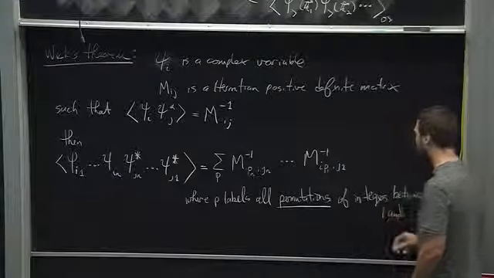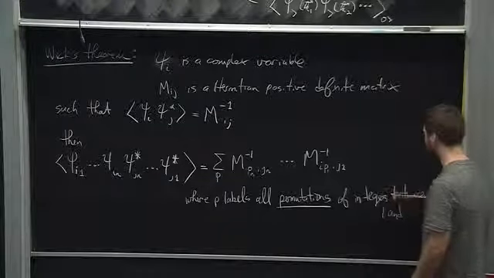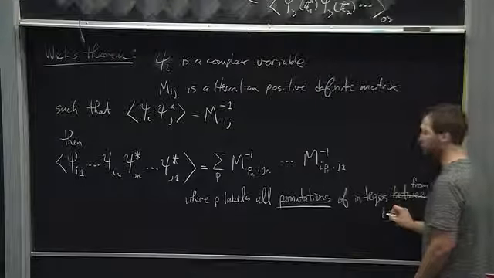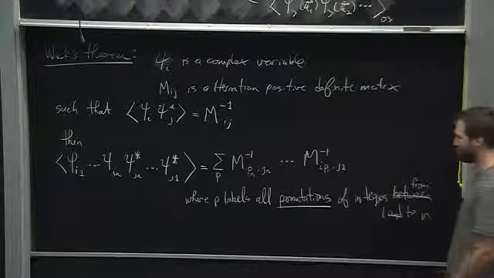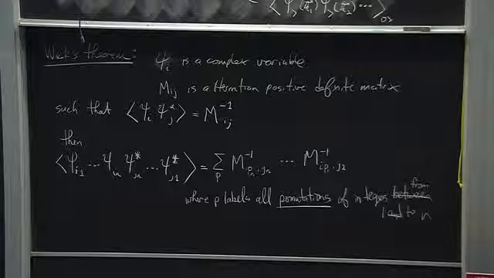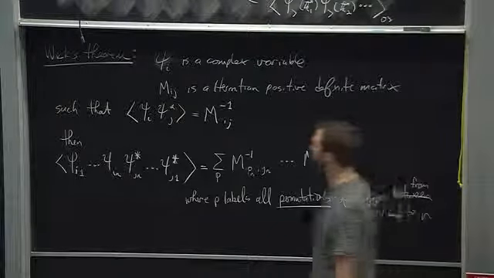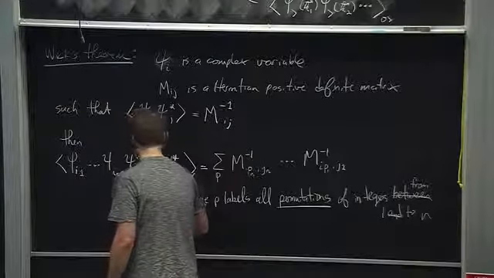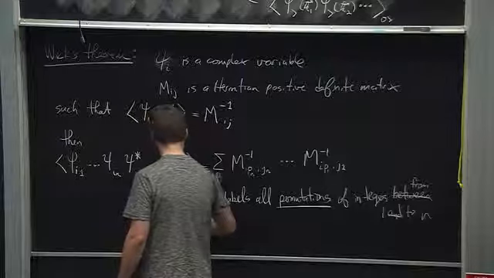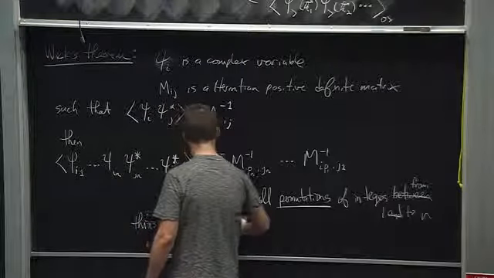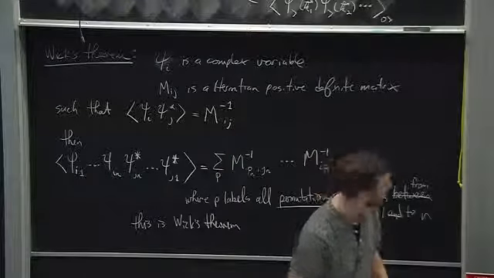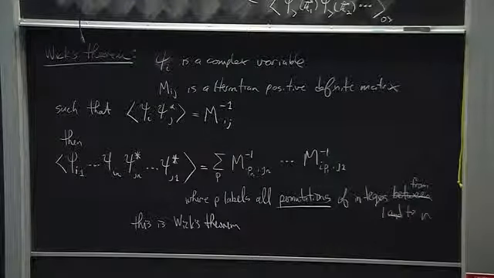Permutations of integers, from 1, 2, to n. So it means all the different ways that you can permute all these integers. So this is Wick's theorem. That's generally what Wick's theorem is.